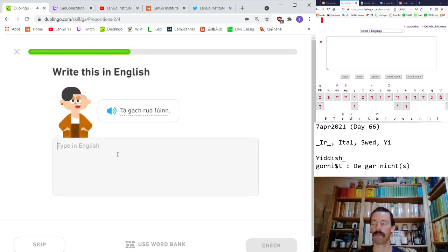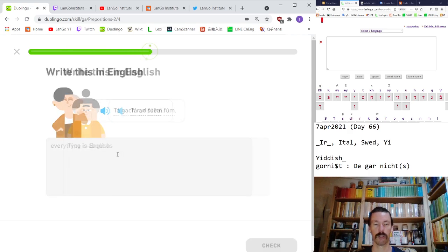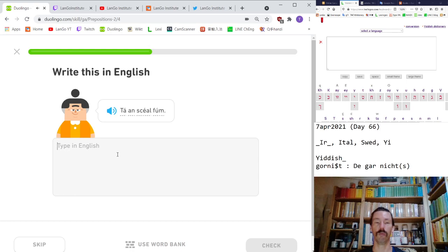Tá gach rud fúinn. Okay, so literally it is everything is under us or about us. About. Tá an scéal fúm means the story, subject there, which is in the middle of the sentence, is about me.